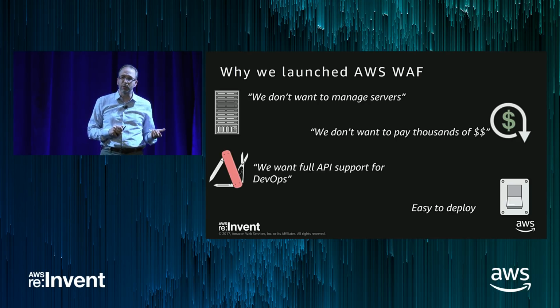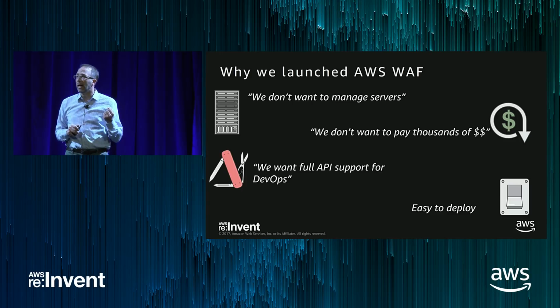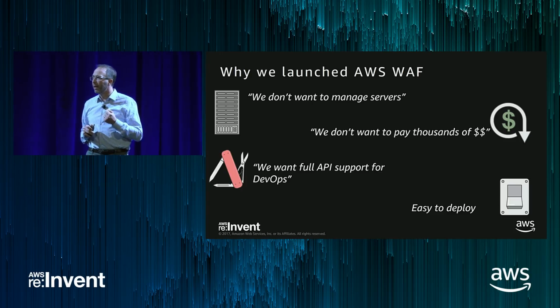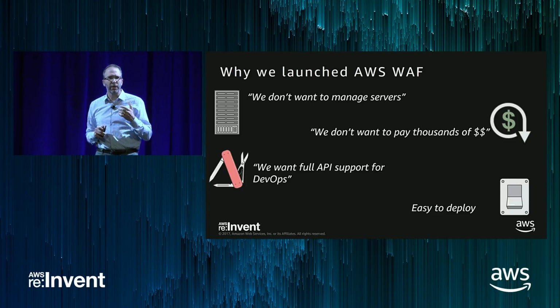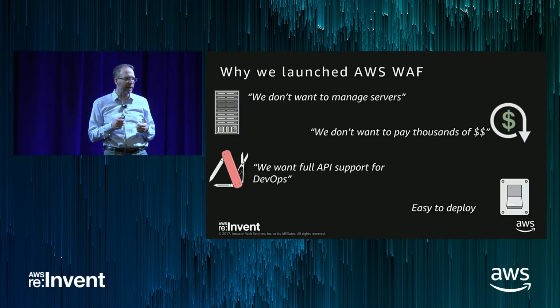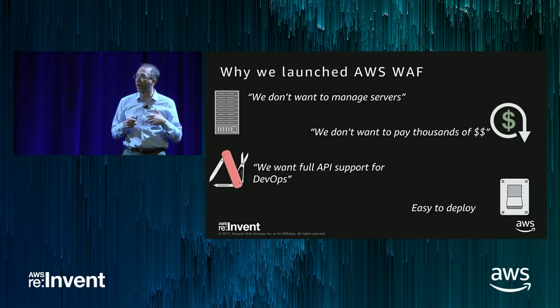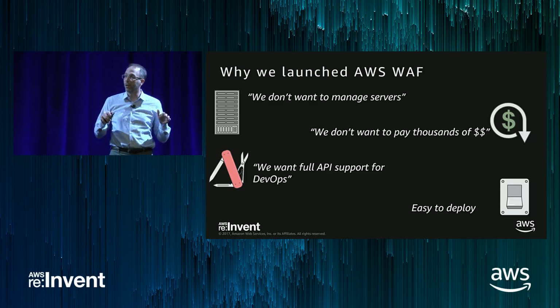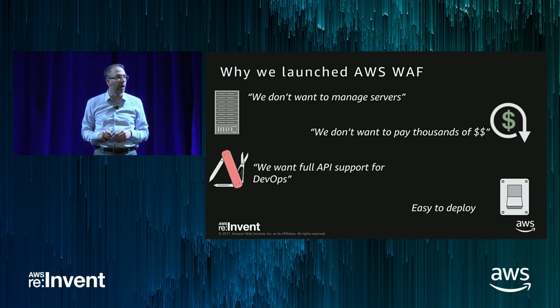The next was they were saying, I want it to be affordable. And in particular, it'd be great if I could have it on a pay-as-you-go basis, like my other AWS services, right? So something that I can turn on and off when and where I need it, and also have the cost during those times where I'm using it be reasonable.